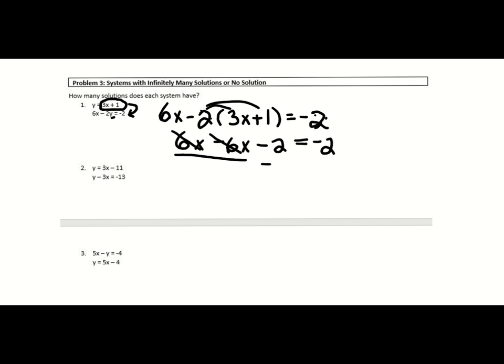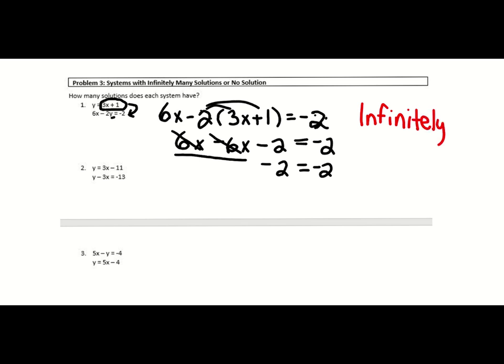So I'm going to be left with negative 2 equals negative 2. When your variables cancel out completely, you need to look at the statement left and ask yourself if it's a true or a false statement. Negative 2 is the same as negative 2, so this would be a true statement. And when you're left with a true statement, we call this infinitely many solutions.